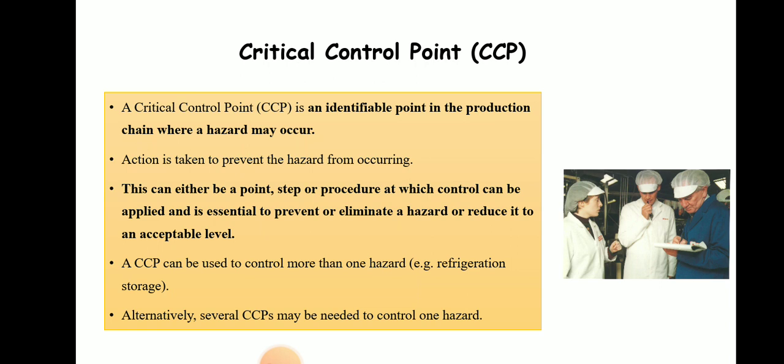So if we miss it at that stage, we won't be able to prevent it later. This critical control point is very important, and we need to identify which are the critical control points in the manufacturing of each product.